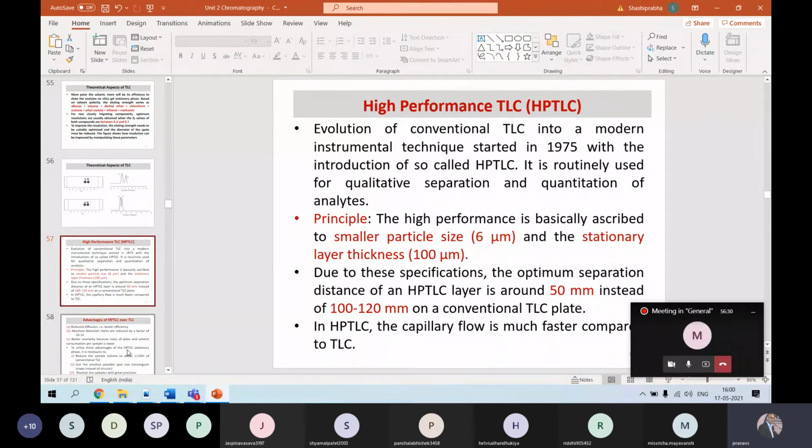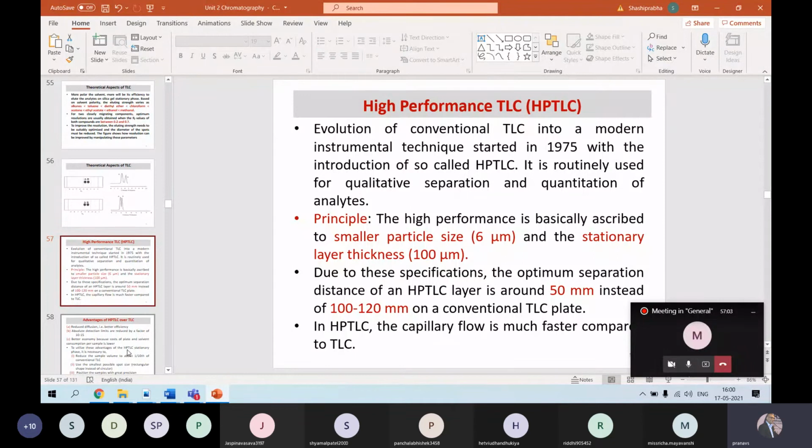But again, at a certain price, because normal TLC, one can do everything within 5-10,000 rupees. But in HPTLC, the equipment available from a company called Camag costs about 11 to 15 lakhs. So you can see the drastic change in the cost when you simply try to improve the performance of TLC and thereby have an equipment called HPTLC.